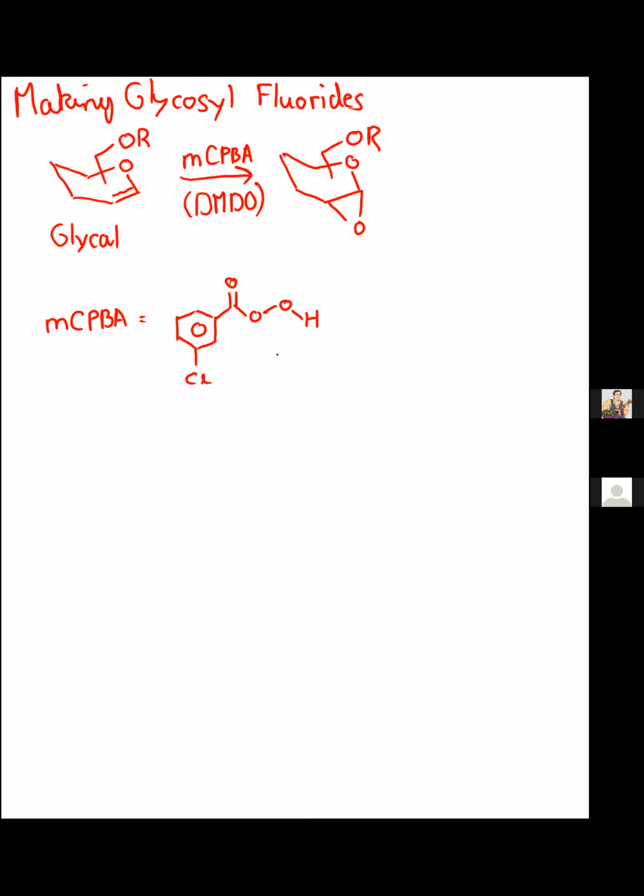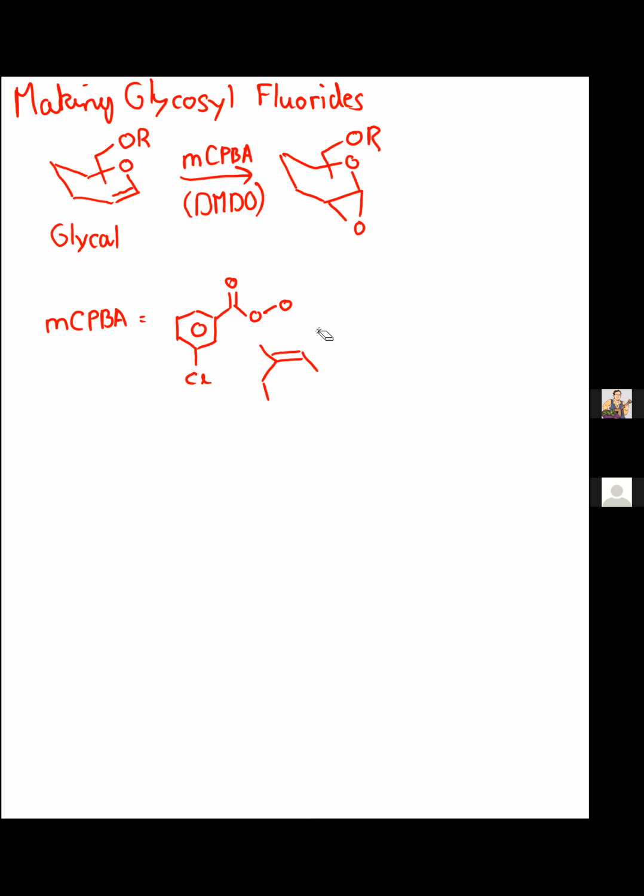And these work by epoxidizing an alkene. So I'm just going to draw an alkene there. It's going to be a simple alkene. And the way this works is we're basically going to transfer an oxygen from the MCPBA onto the alkene.